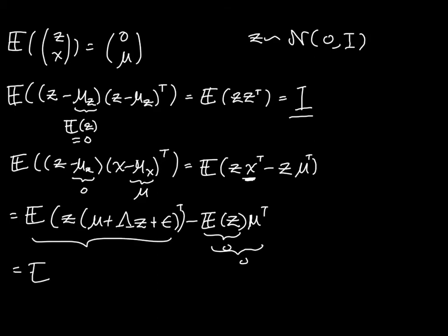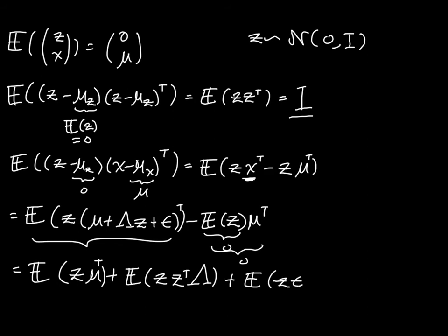So we get the expectation of z mu transpose plus the expectation of z z transpose lambda transpose plus the expectation of z epsilon transpose.